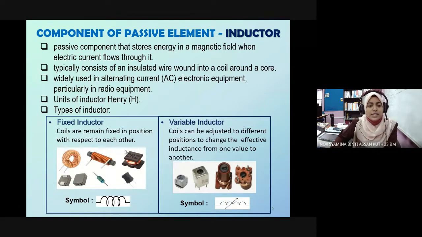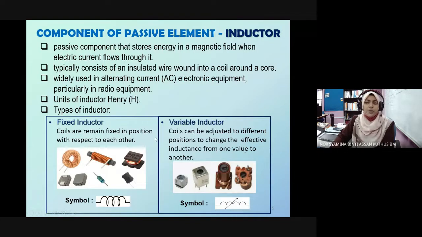Number of coils actually akan ada effect pada dia punya electric flow. Okay, lebih banyak dia punya coil, it will actually affect dia punya flow tu lah. So for any variable inductor, coils can be adjusted to different position to change the effective inductance from one value to another.